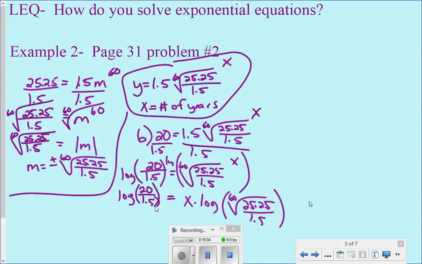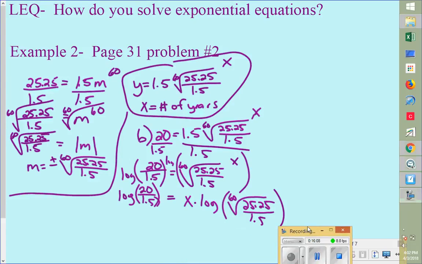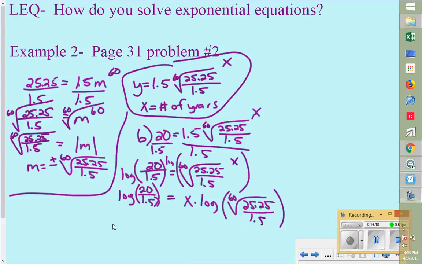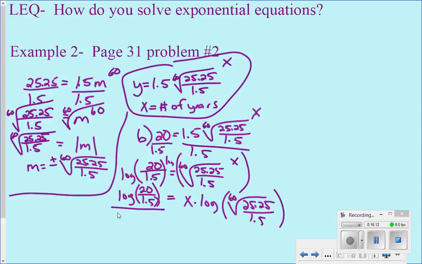And after I bring that x down, then I can divide both sides by the log of the 60th root of 25 over 1.5.